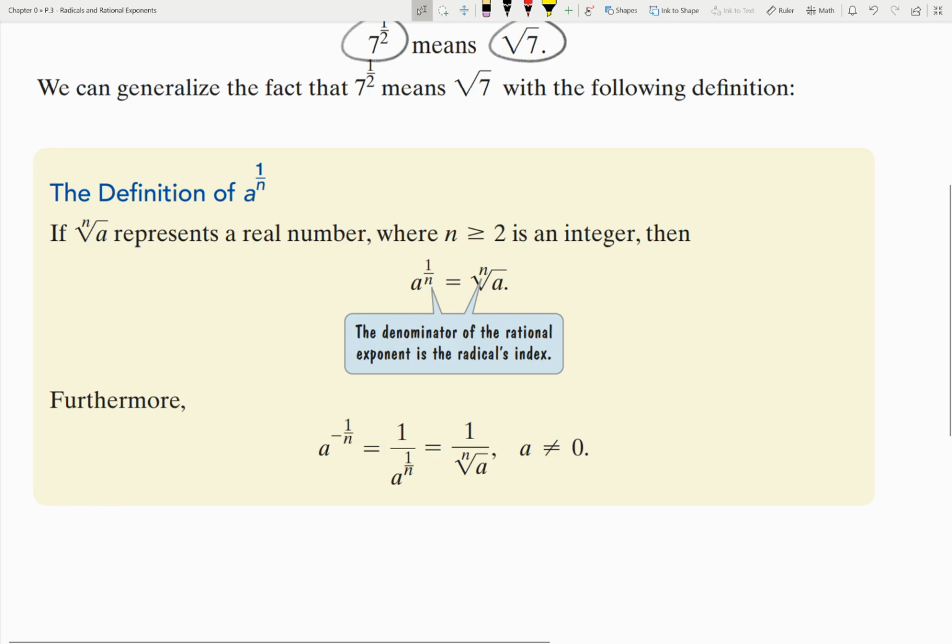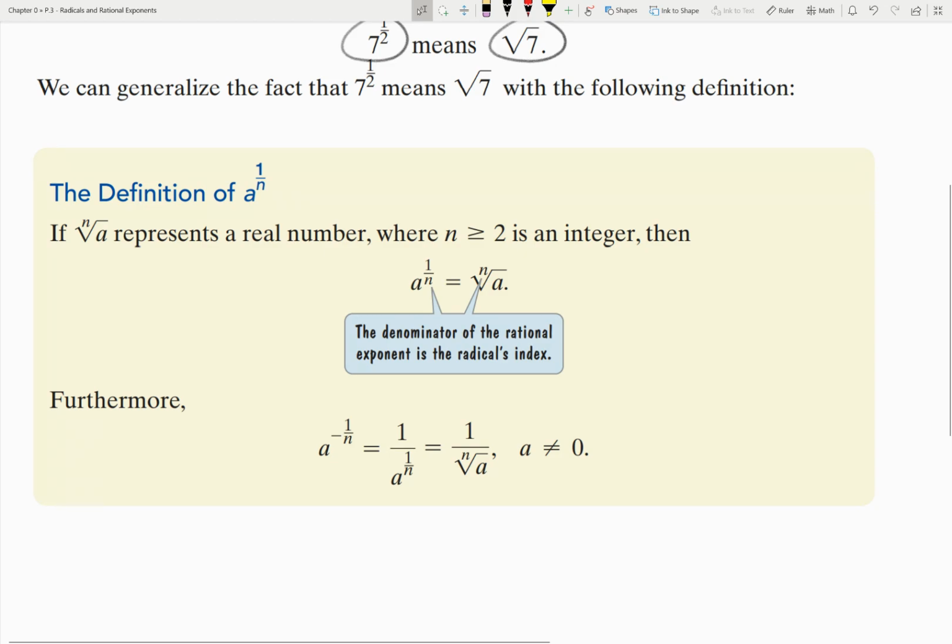The definition of a to the 1 over n power means that if you have the nth root of a, you can rewrite it as a fraction, as long as n is bigger than 1. If it was a 1, it wouldn't do anything. So a to the 1 over n power is equal to the nth root of a. The denominator of the exponent is the index.